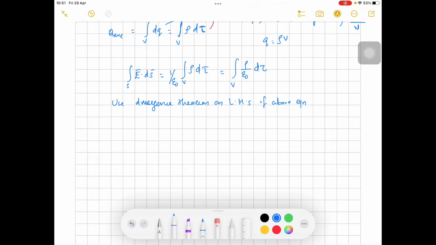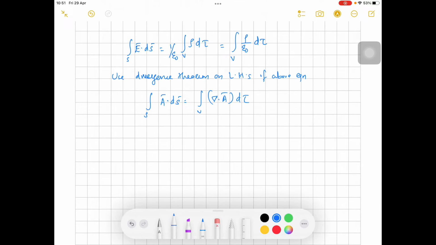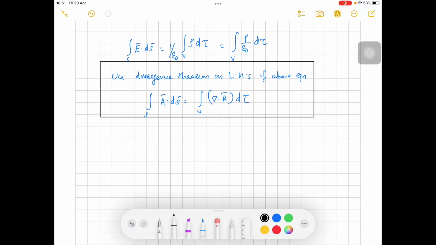Okay, according to Gauss's divergence theorem, surface integral A dot ds is equal to volume integral del dot A d tau. Okay, this is the expression for the divergence theorem. Just use this. So use this divergence theorem here.